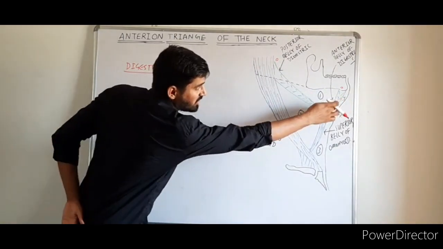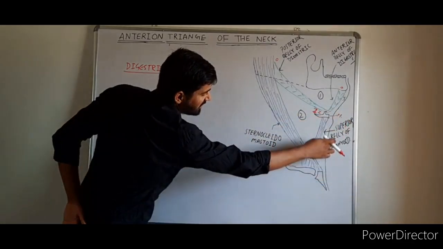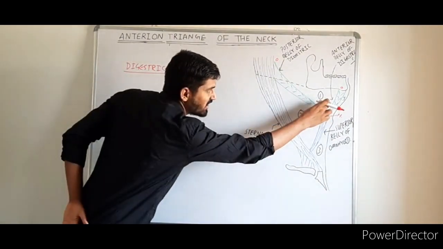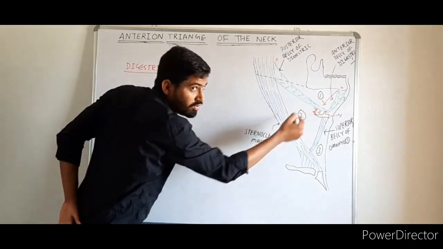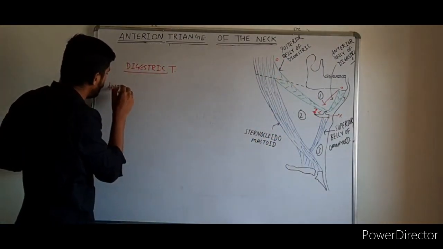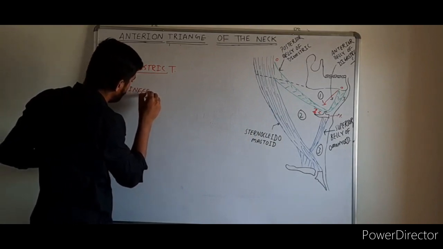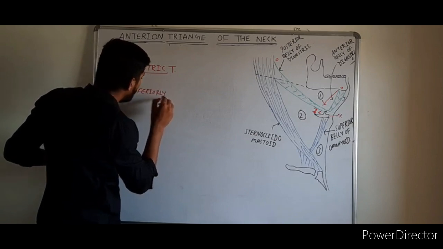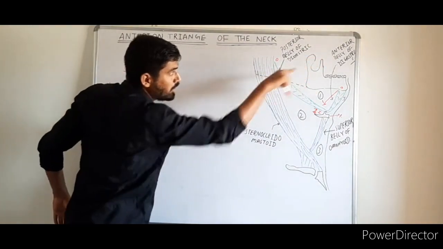This is the anterior line, and this muscle is coming like this, so it's coming inferiorly, inferiorly by the anterior belly of the digastric.